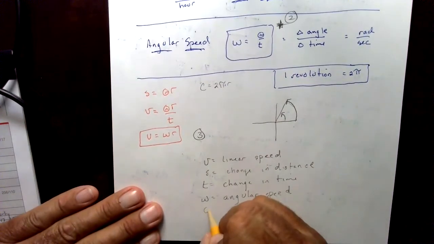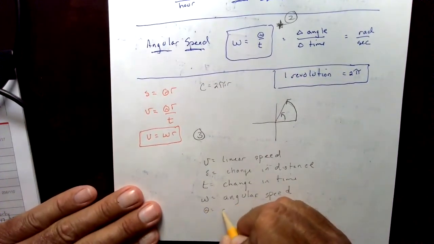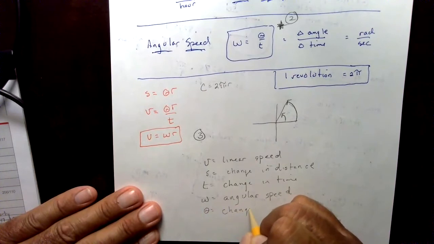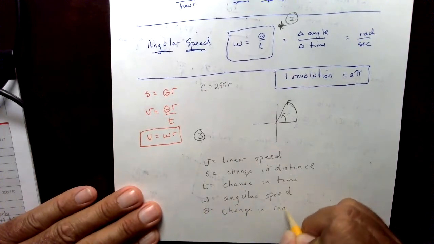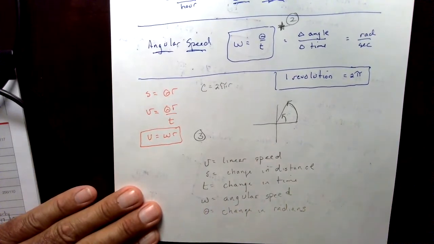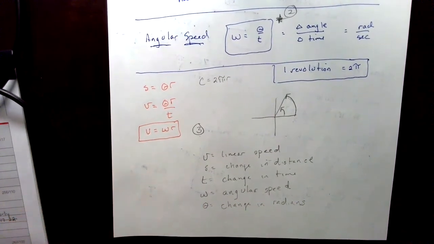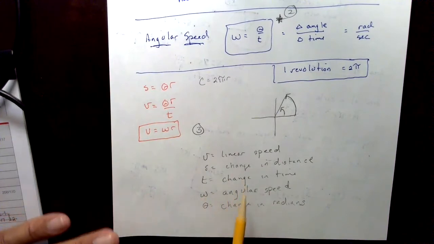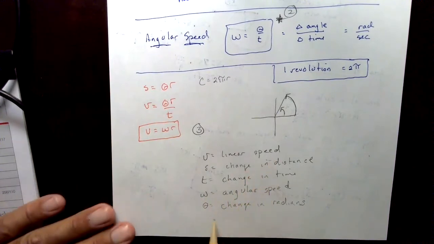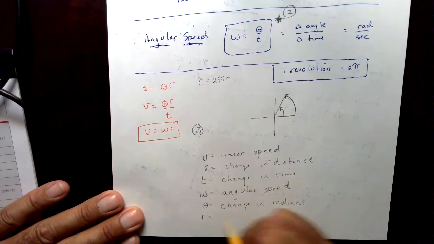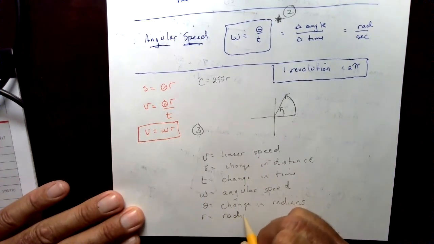Theta, change in radians. As you're reading over some of these problems, you're going to be taking a look at the things that I'm given. I missed one: R is the radius.